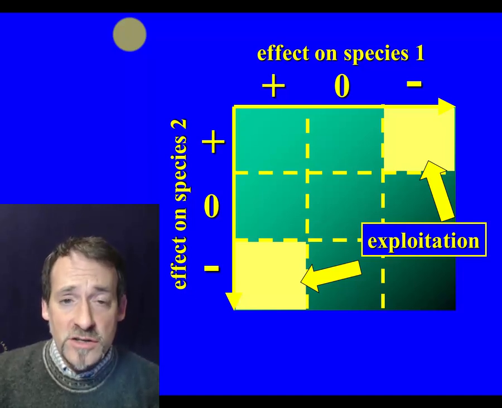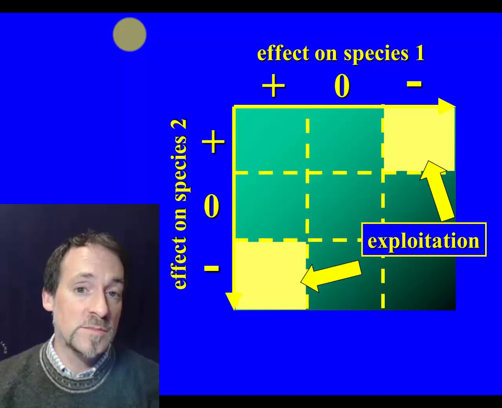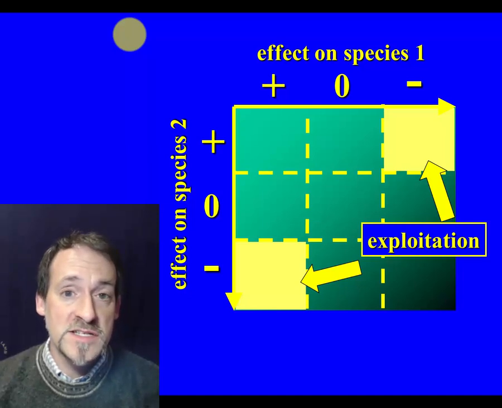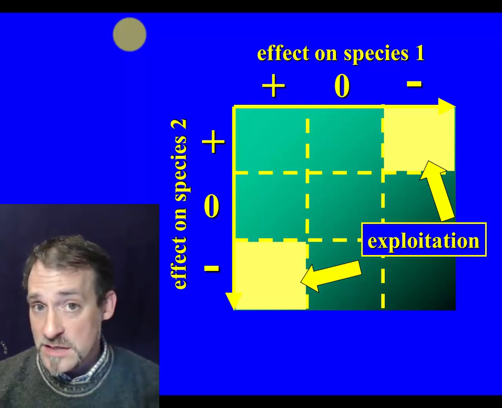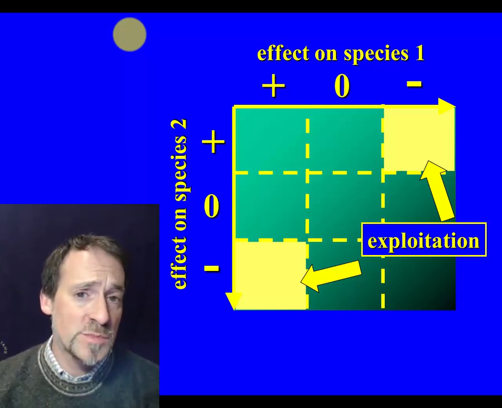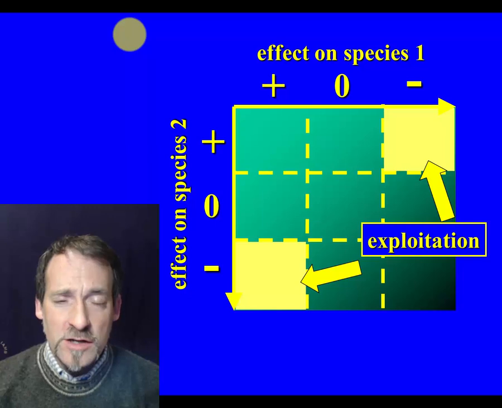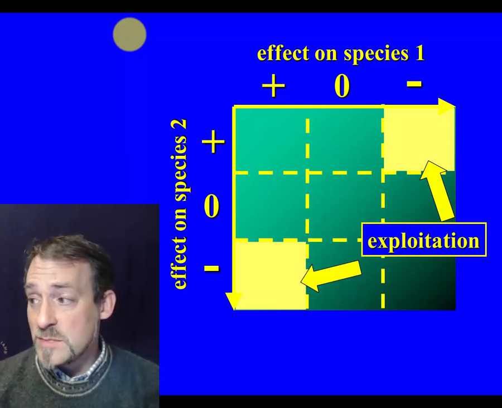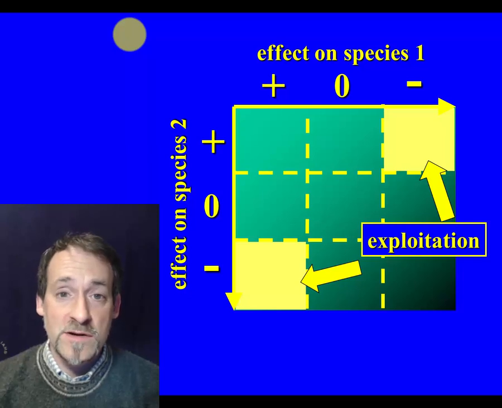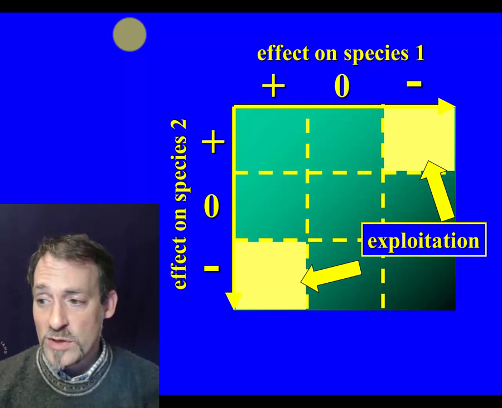Exploitation is the general umbrella term for when you have two species interacting directly. It helps one of them and it hurts the other. And generally when we talk about exploitation, what we're really talking about is somebody eating somebody else. That can be because one individual is a parasite feeding on a host. It can be because you've got a predator feeding on prey.